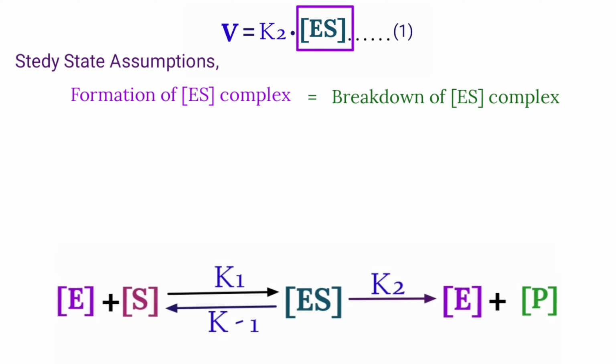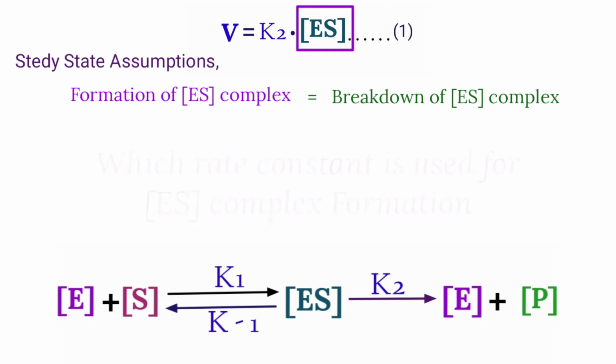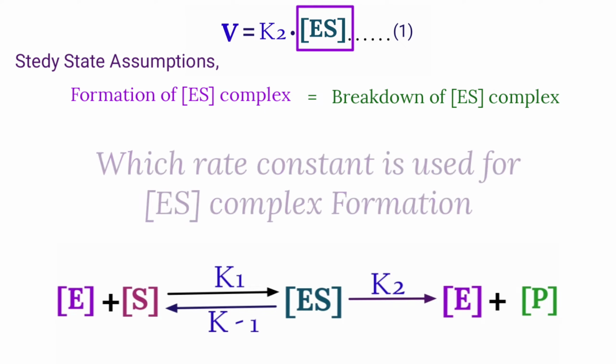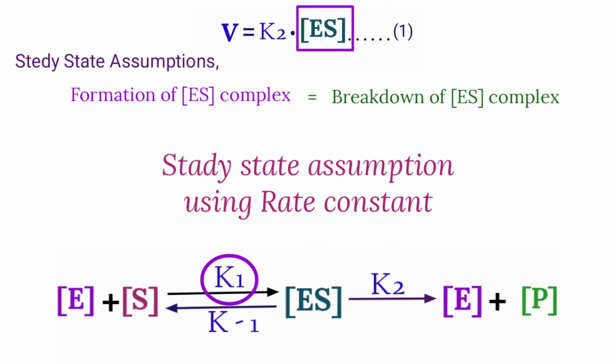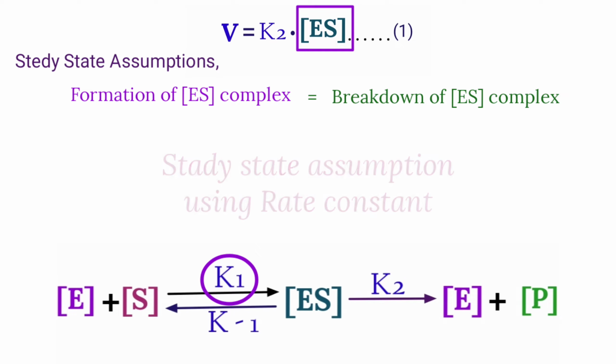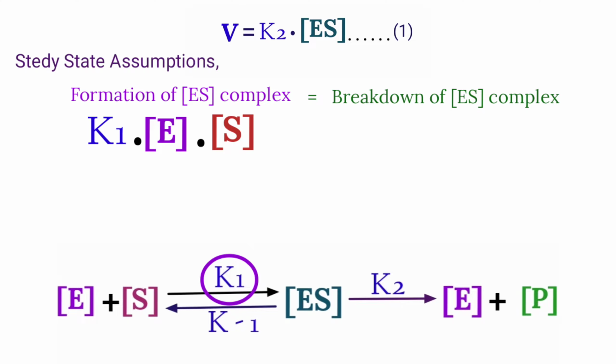In the beginning, the reaction rate constant we used for formation of enzyme substrate complex is K1. So we can write this steady state assumption in other words as K1 into enzyme concentration into substrate concentration. Into means multiplication, which is represented by dots.